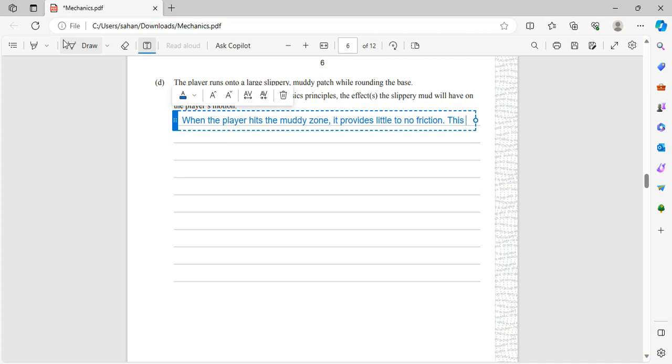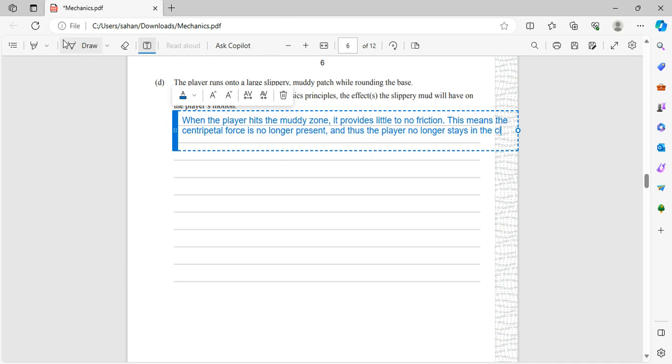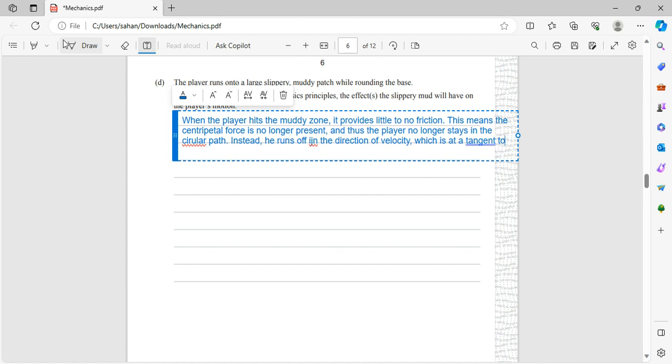This means the centripetal force is no longer present, and thus the player no longer stays in the circular path. Instead, he runs off in the direction of velocity, which is at a tangent to the circle.